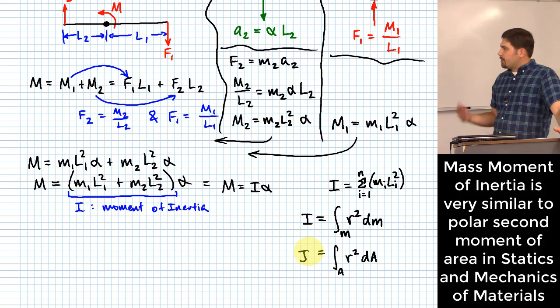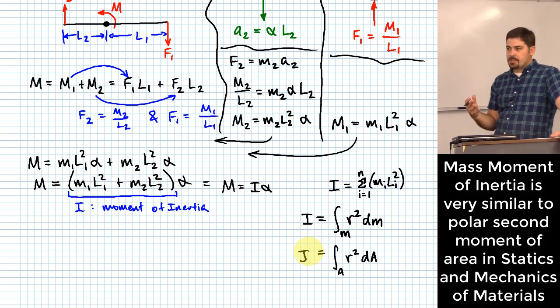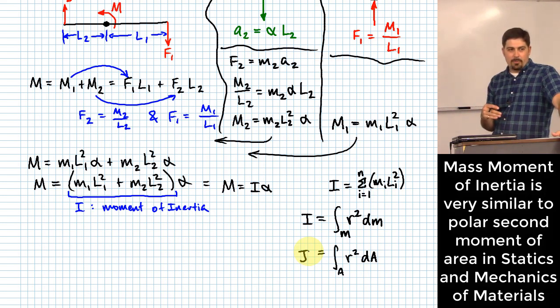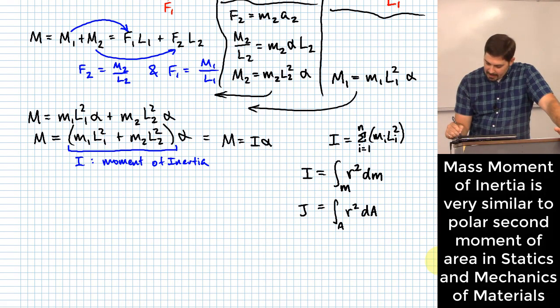So anyway, one of the reasons I bring this up is that I don't want to spend a whole lot of time giving you all these methods of evaluating what a mass moment of inertia is, because I feel like that's a little bit of a waste of time given the fact that you spent a lot of time doing almost the exact same math whenever you were doing second moments of area in your statics and mechanics of materials class. Suffice it to say, I'll pick out a few things.